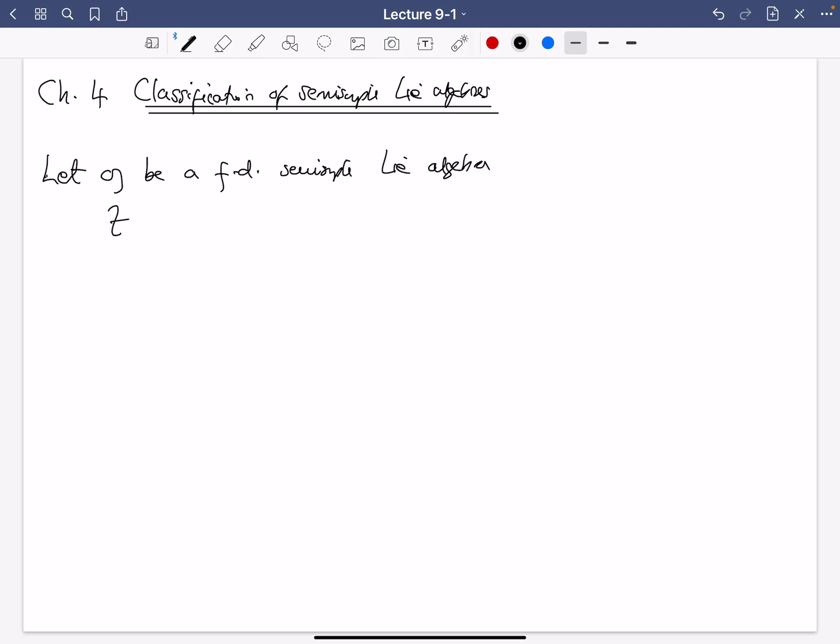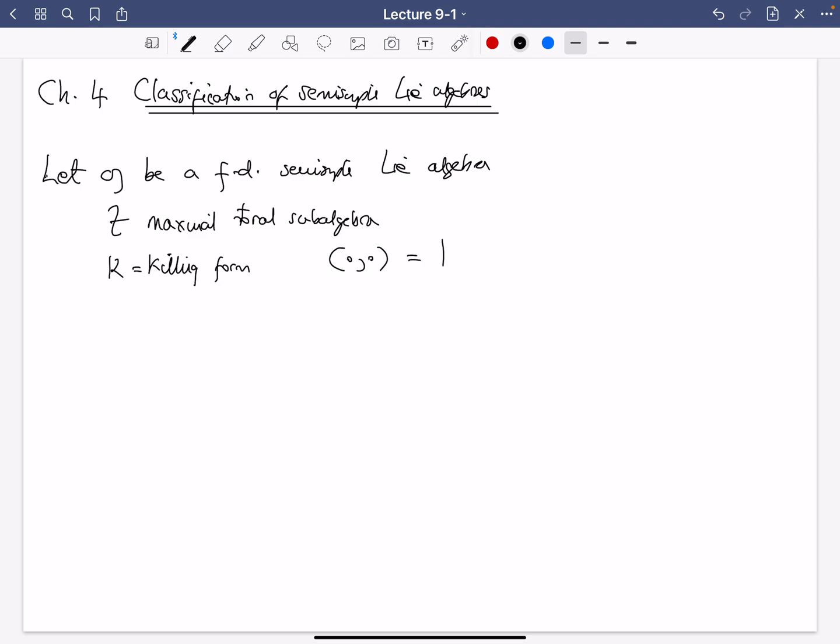And then you have to always pick a maximal toral subalgebra. I'm always going to just work with the Killing form, so kappa will be the Killing form. And I'll just write the inner product there.